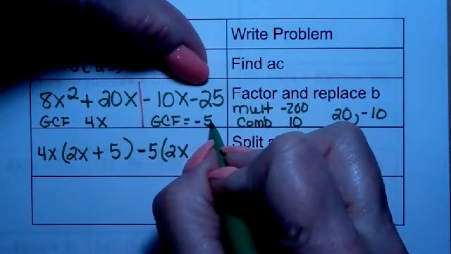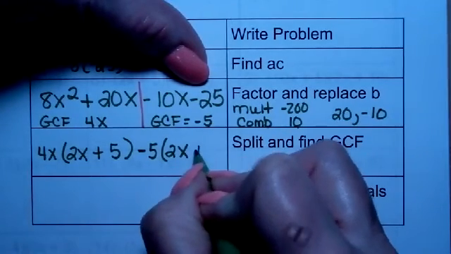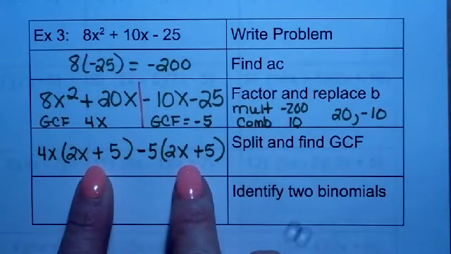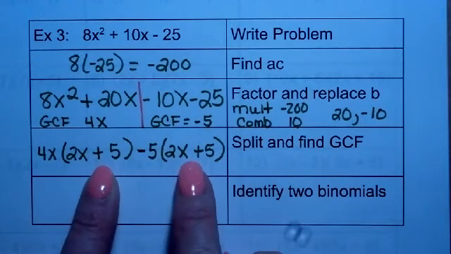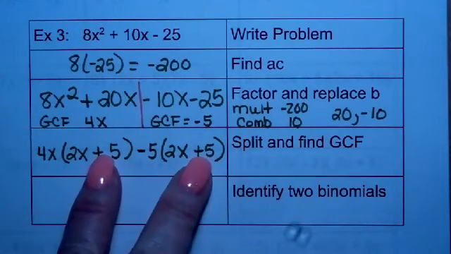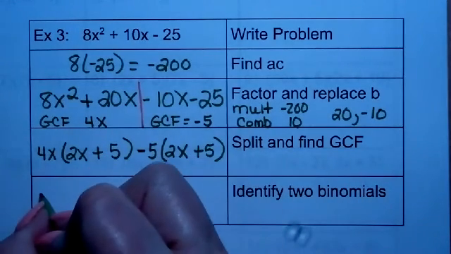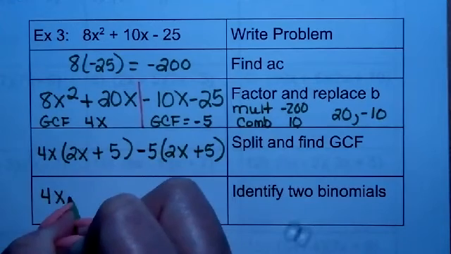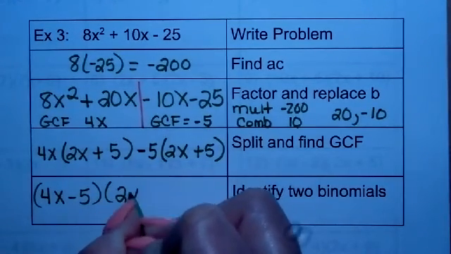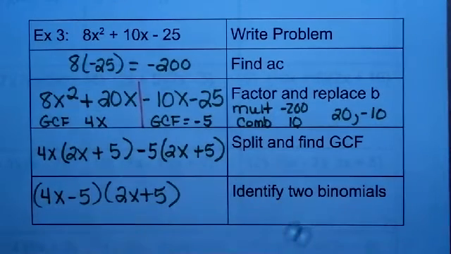Negative 5 times positive 5 gives me negative 25. Again, are my parentheses the same? Yes. So I'm pretty sure that I'm correct. Okay. It's hard to get these the same and be wrong. Okay. So I've got 4x minus 5 in one parentheses, and 2x plus 5 in my other parentheses. Okay. Now go ahead and finish copying these, put these notes in your interactive notebook, and you can work on your assignment.